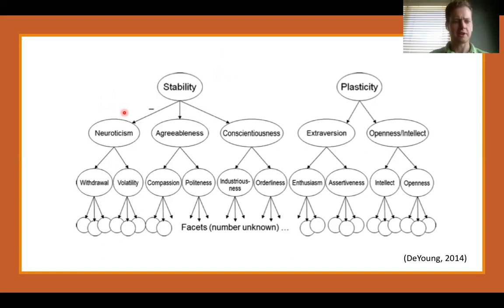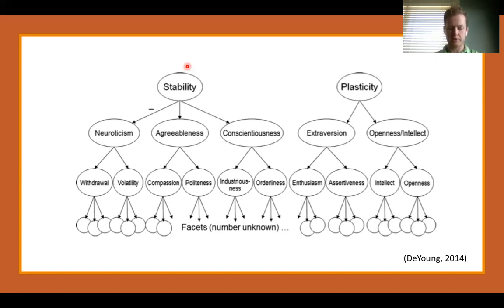And again, I'm going through it pretty quickly just to make sure we have time. Neuroticism is negatively associated with stability, and the other two are normal relationships. So low neuroticism, high agreeableness, and high conscientiousness lead to high stability. And stability is basically trying to protect characteristic adaptations.